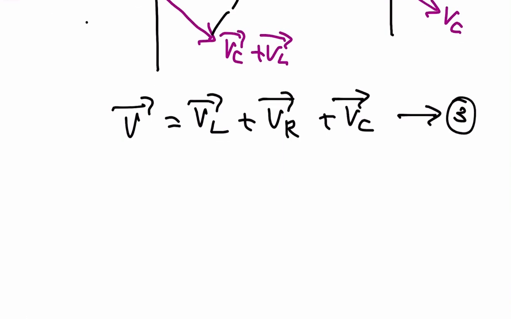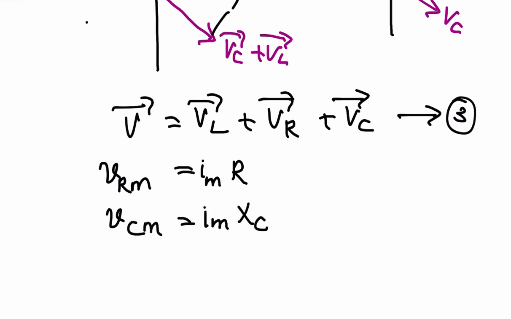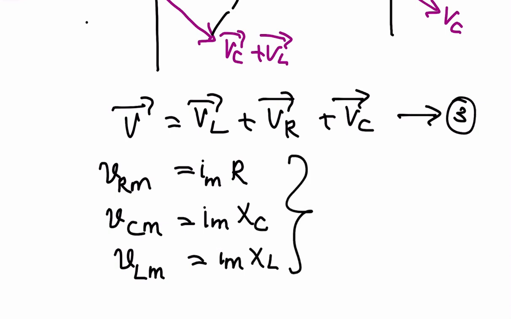Now I will write the voltage across the resistance, VRM is equal to IM into R. The voltage across the capacitance, VCM, is equal to IM into XC. The voltage across the inductance, VLM, is equal to IM into XL, where XC and XL are the capacitive and inductive reactances. Equation 3 is the vector form.